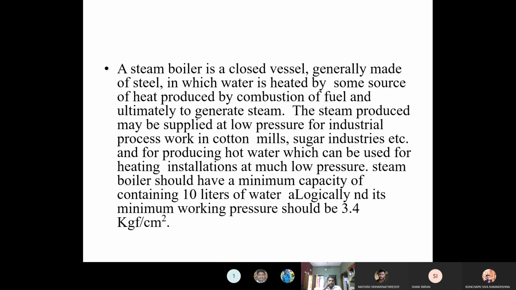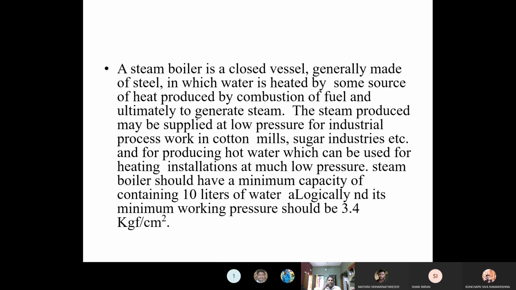Understand? A steam boiler, or simply a boiler, is a closed vessel, generally made of steel, in which water is heated by some source of heat. Generally, how can we produce this heat? By burning of the fuel, or combustion of the fuel. This generated heat is used to produce the steam.